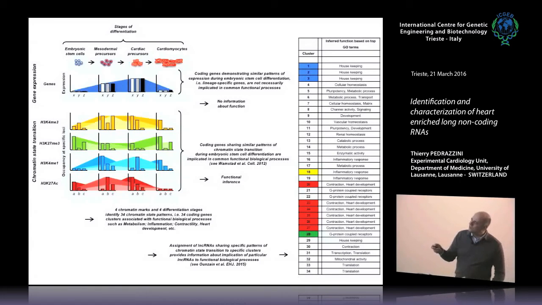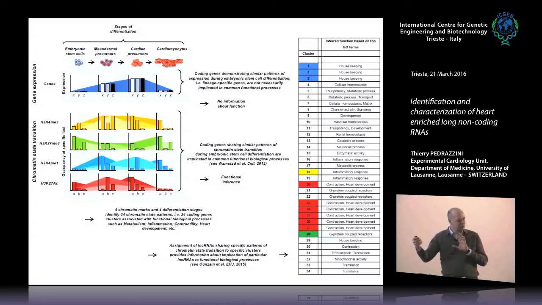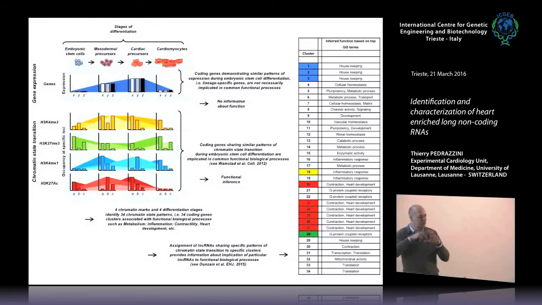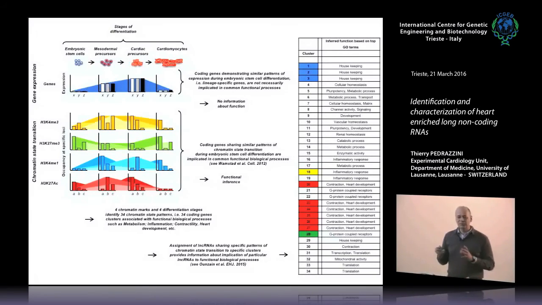They used these 4 chromatin marks and 4 different stages of differentiation, and they came up with 34 patterns of chromatin state transition. With this, they can group the genes into 34 different clusters, and what they have found is that these clusters are associated with particular functions. So this is the list.